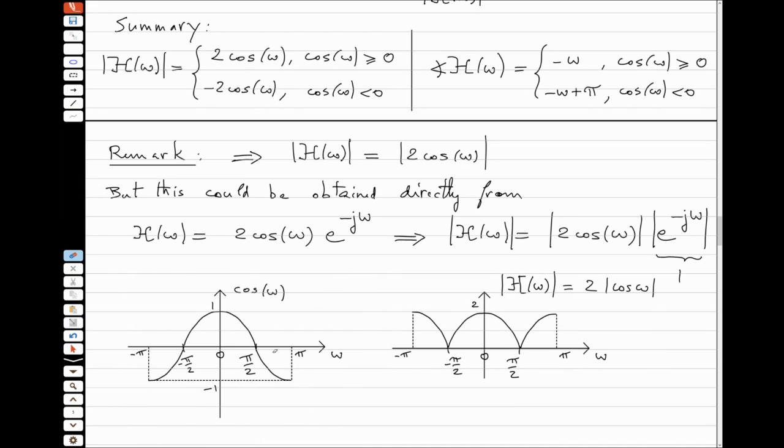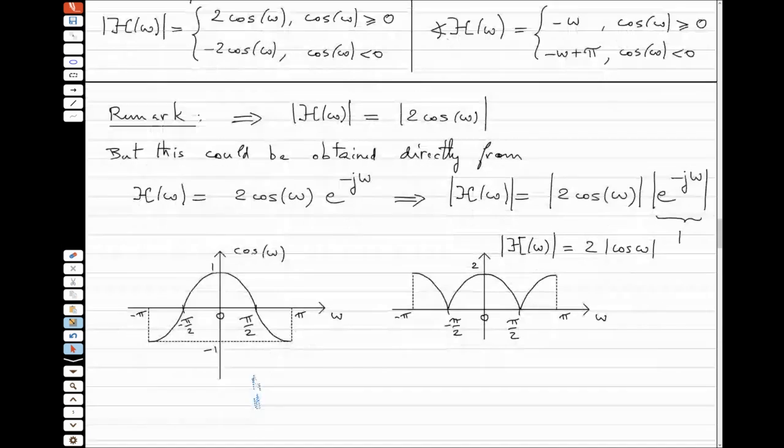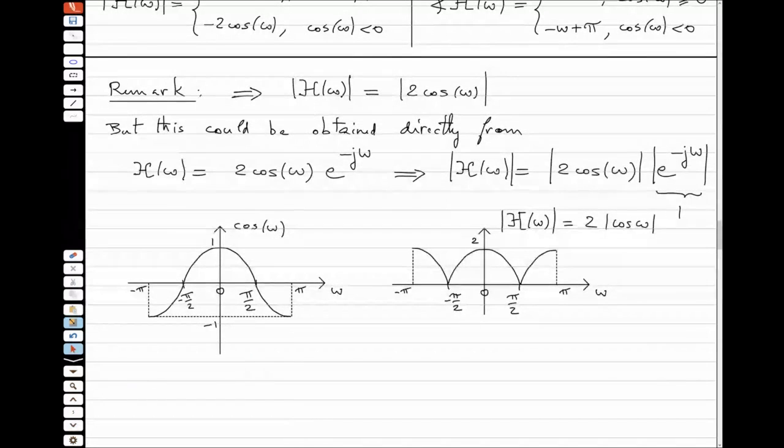So you flip the negative part, and you get this. Now remember, we only need to plot the function between minus pi and pi because the function is 2 pi periodic. So there's no necessity to plot it beyond.